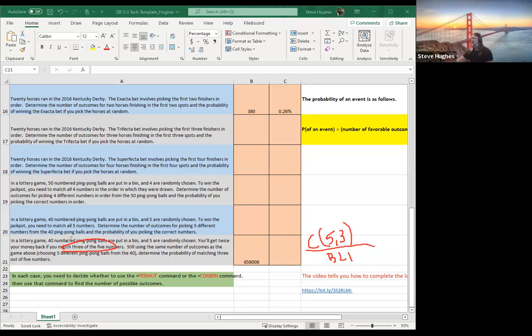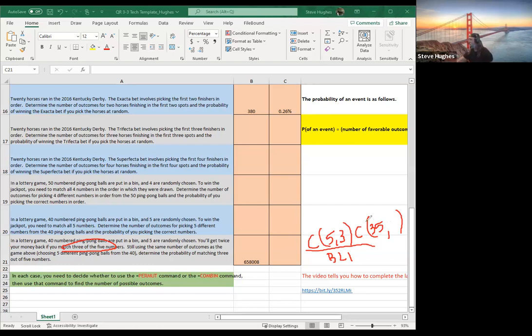Okay. But now you've got to think about this. There are also some numbers that are left over, that I also have to think about and consider. What are those? Well, if there are 40 total, that means there are 35 that are not winning numbers. 35 are not winning, but 5 are, and I'm just trying to choose 3 of them.